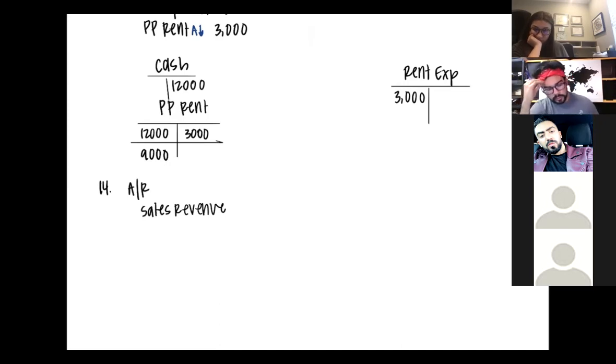However, since they also counted it in their ending inventory, we also have to record a debit to COGS and a credit to inventory.